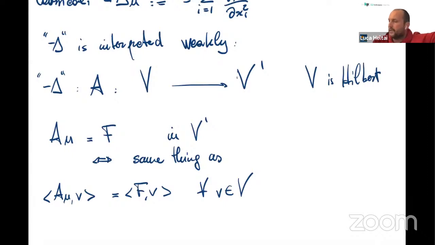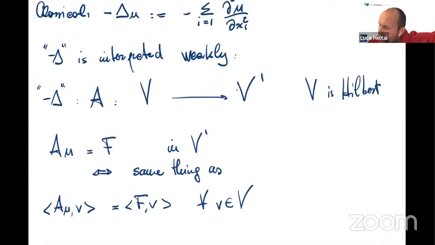The principle behind everything that I'm trying to do at the moment is that I'm replacing the Laplacian with a weaker operator. We know this is a linear operator because of the linearity of the derivatives and the linearity of the weak derivatives. Now I would like to understand what is the space V where this linear operator is well defined, what is the space V prime, and how I can write my Laplacian of u equals F into Au equals capital F in V prime.